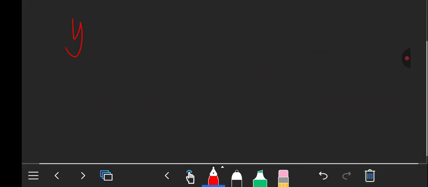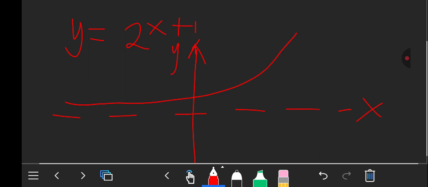Then what if you have, let's say, y is equal to 2 to the power x plus 1? How do you get to sketch this? The x-axis is the asymptote, then we have y like that. Of course it will be like this because x is positive.